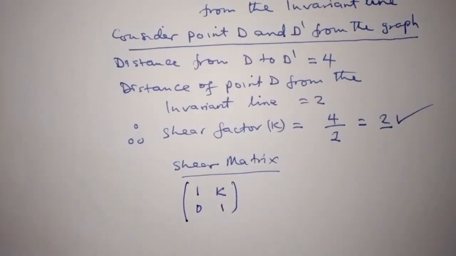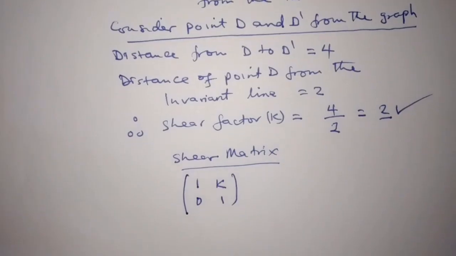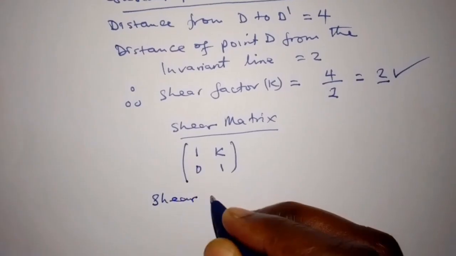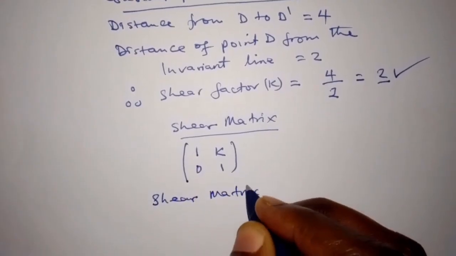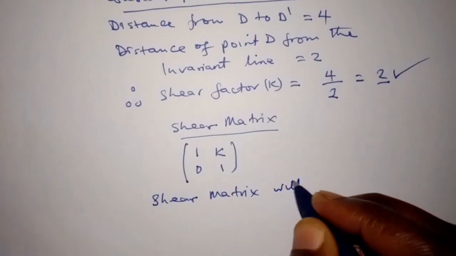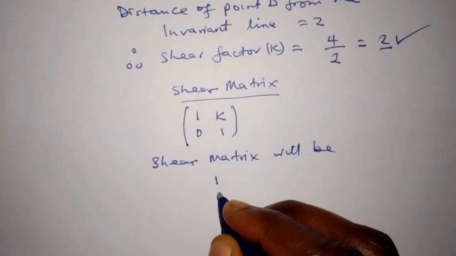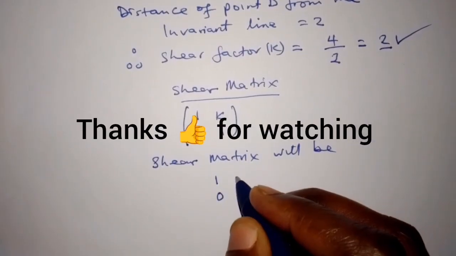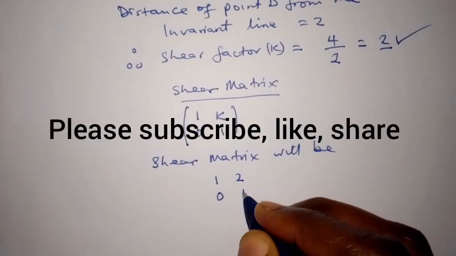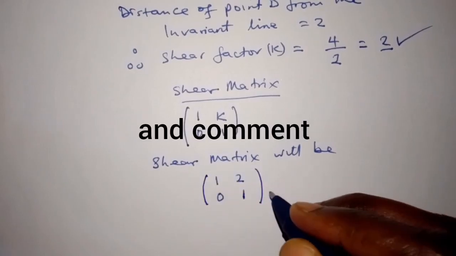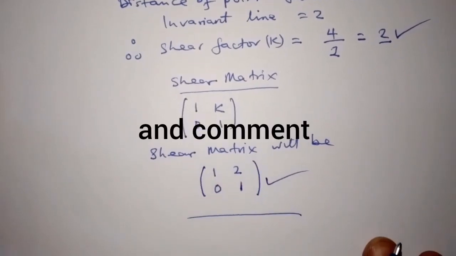And since we have found K to be 2, the shear matrix will be (1, 2; 0, 1). Thank you for watching.